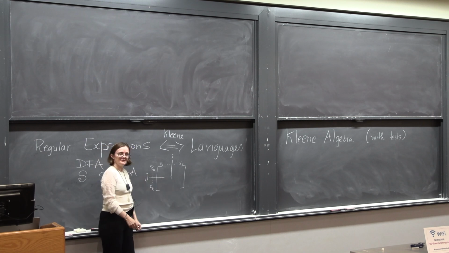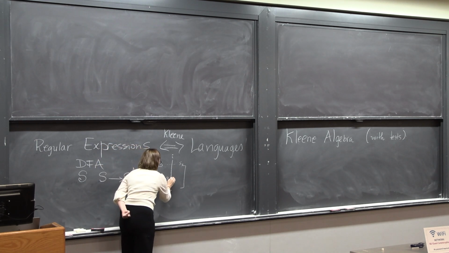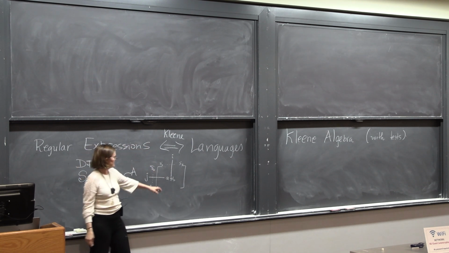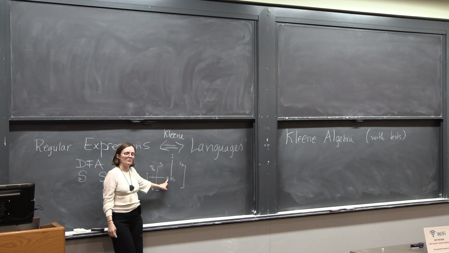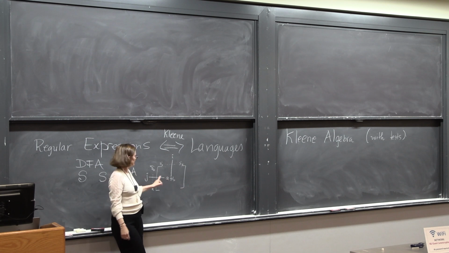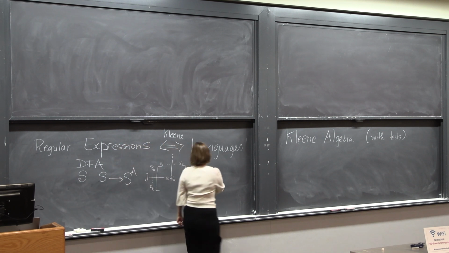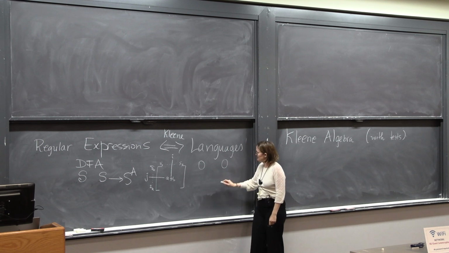I'm going to write here, let's say, a plus b for now and then explain what that is. I'm going to write a sum of all the letters that allow me to go from state j to state i. Okay, so in a deterministic automaton, I have all these states.